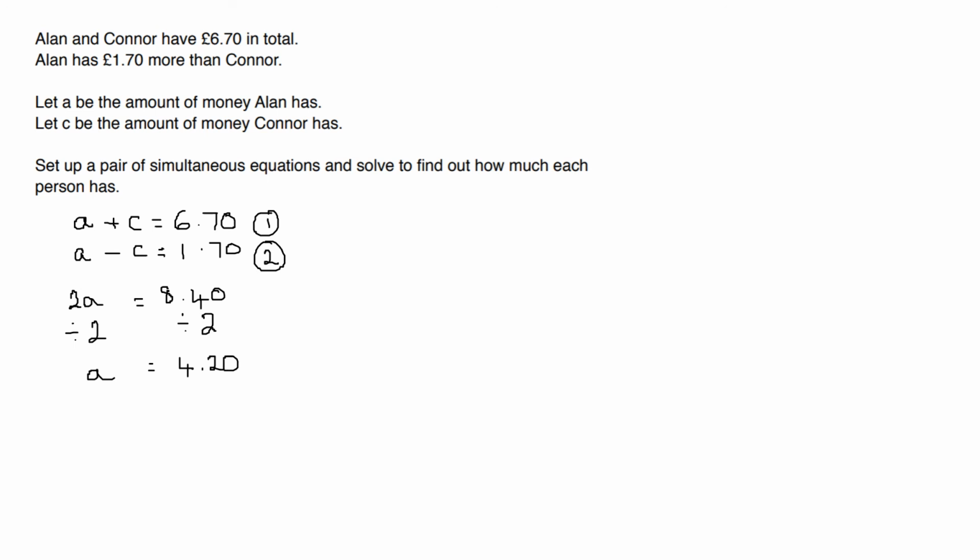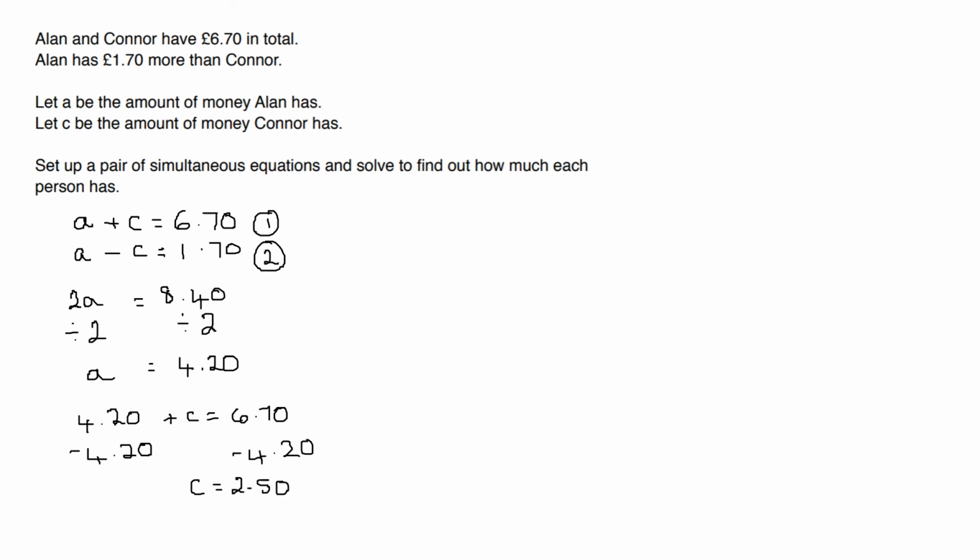Now let's substitute that value of A into equation 1. We're going to have £4.20 plus C is equal to £6.70. Let's subtract that 4.20 from both sides. C equals 2.50.